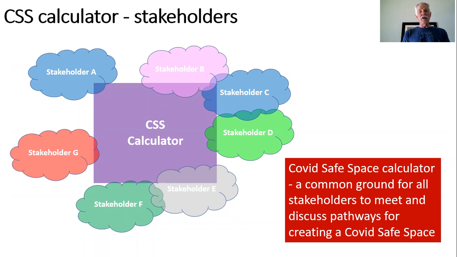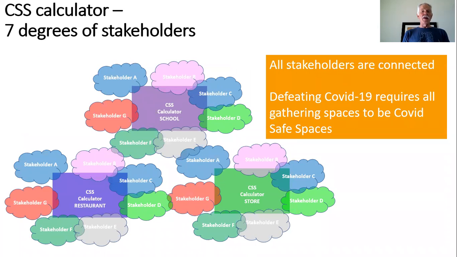As discussed in the overall introduction, this COVID Safe Space IAQ calculator is meant to be a communication platform among different space holders. And in any and every indoor space, those stakeholders, perhaps you're a business owner, but then you're a parent of a child in a school, and then you need to shop for groceries.